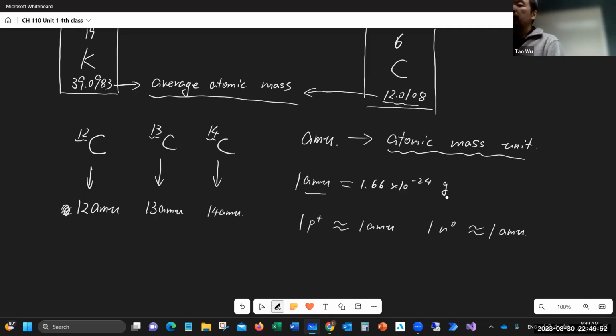So you see, each of the atoms has its mass shown there. But why, when we talk about this, does it have a fraction? This is what we call the weighted average. Normally when we do the average, we have one plus another divided by 2, right? So this is the average we talk about. Or if you have three things, you add those three and divide by 3, right?